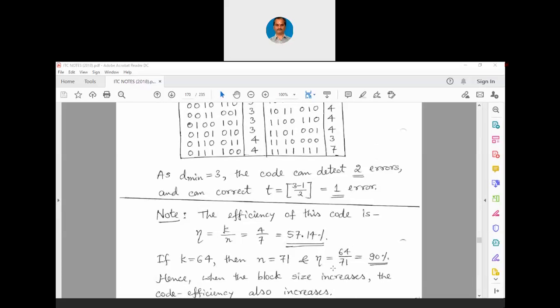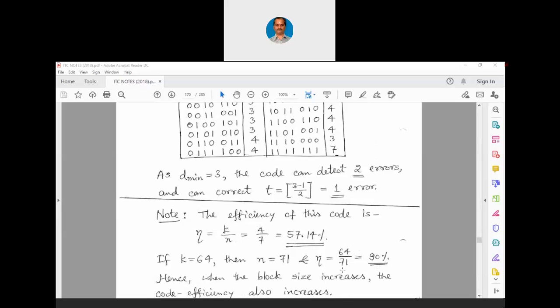So what does this indicate? When the block size increases, the code efficiency also increases. Look at this. Between 64 and 71, the difference is only 7 bits. N is 71, K is 64. But you can see the efficiency is much larger. When the block size is lesser, efficiency is also lesser.